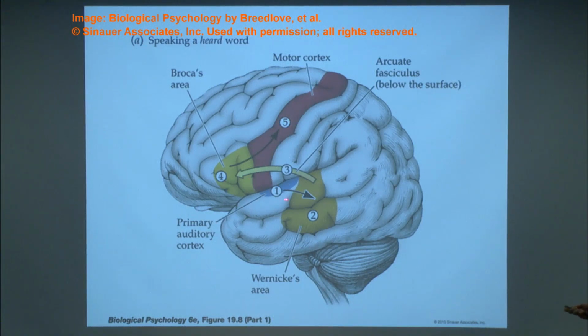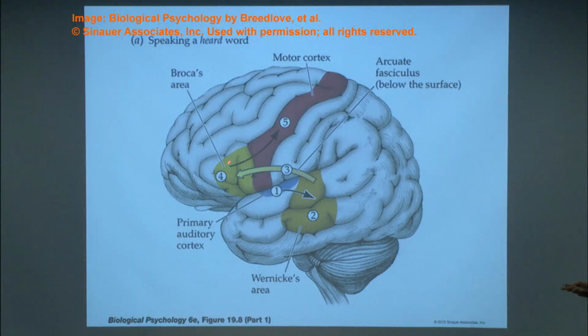We're going to assume that you know the pathway, and that primary auditory cortex is where this information is processed. Primary auditory cortex now projects to Wernicke's area, where meaning is connected to just the sound of the word. So Wernicke's area allows meaning to connect to the sound of particular words that come in.